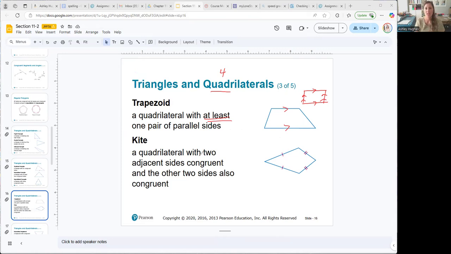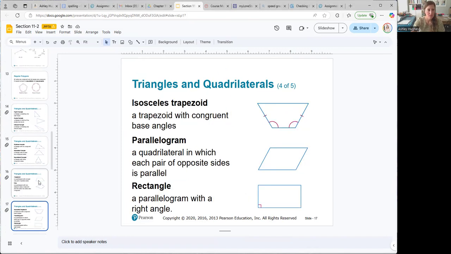A kite has 2 adjacent sides congruent and the other 2 also congruent. So notice it kind of looks like a kite. Like if I was to rotate this shape, it would look like a kite for you, right? So 2 sides next to each other. Adjacent means the ones next to each other. Isosceles trapezoid has congruent base angles. Parallelogram, opposite sides are parallel.